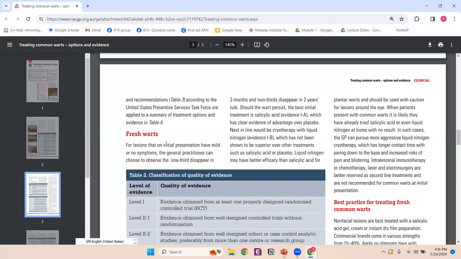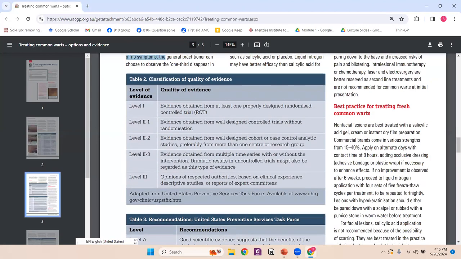For initial presentation lesions, the drug that is usually used would be salicylic acid. It can be given as a gel, cream, or other preparations. We give salicylic acid as a local application and try to treat it initially.